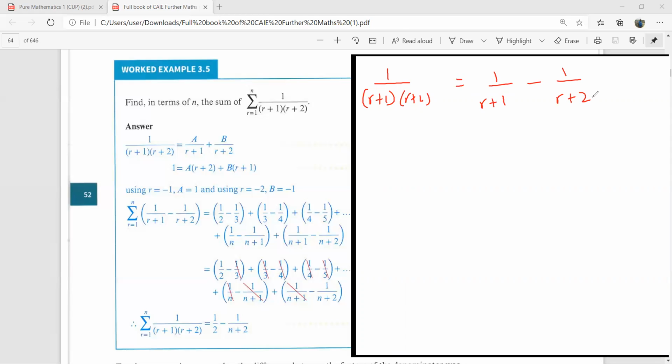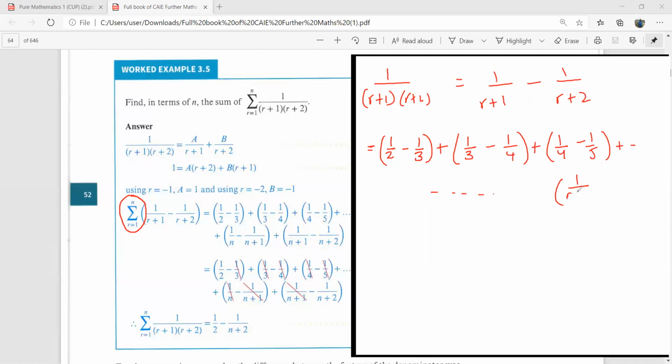Since the sum is from 1 to n, how do we handle this? You start putting the values of r into it. So this becomes 1 over 2 minus 1 over 3, then plus, for r equals 2, 1 over 3 minus 1 over 4, then for r equals 3, 1 over 4 minus 1 over 5, and so on, up to 1 over n plus 1 minus 1 over n plus 2.